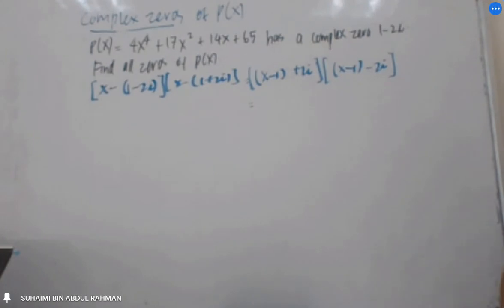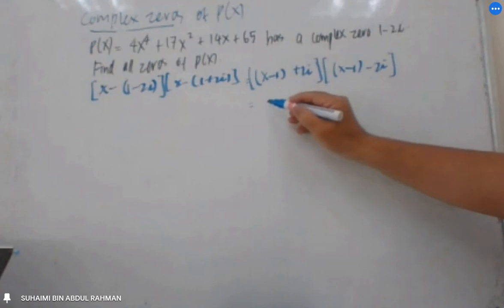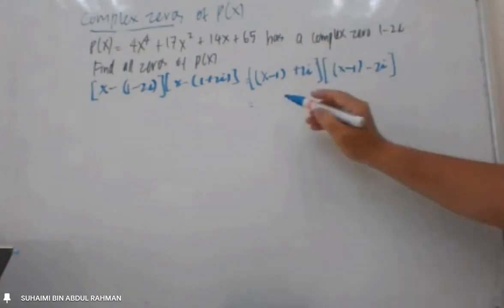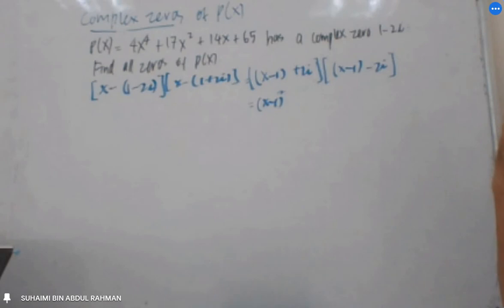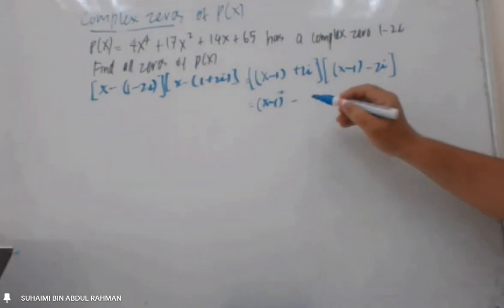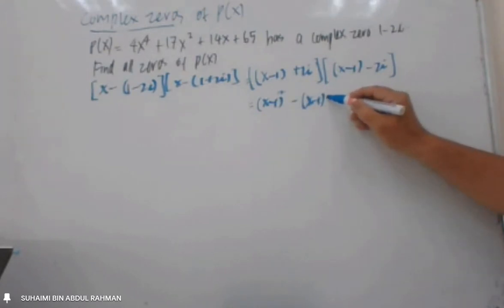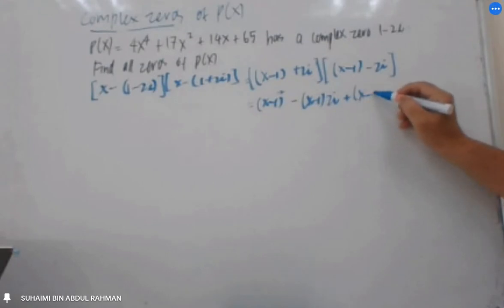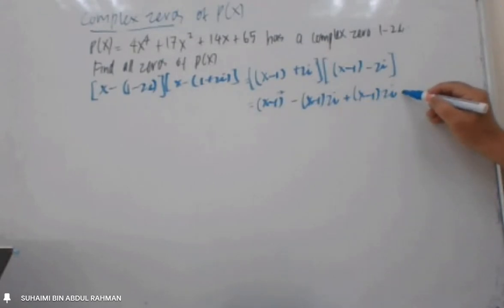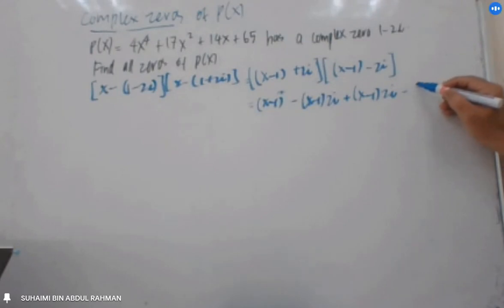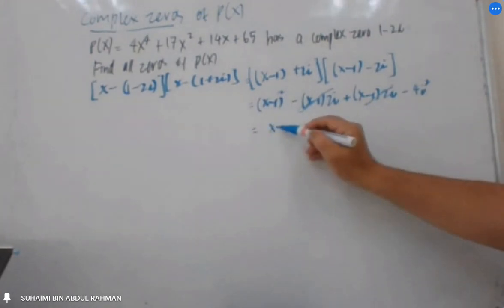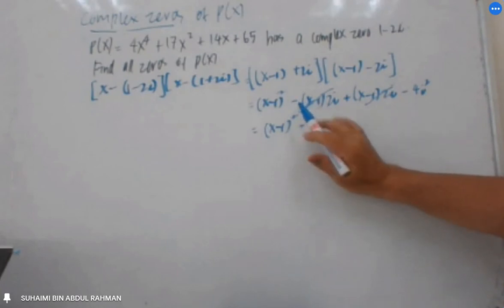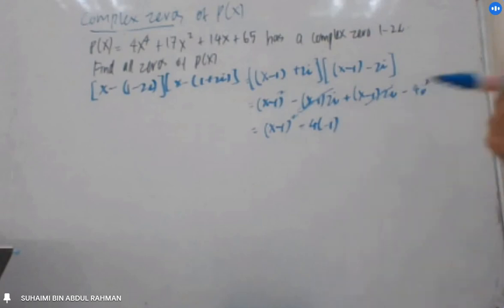Expansion will give us what? (x minus 1) squared, minus (x minus 1)(2i), plus (x minus 1)(2i), minus 4i squared. So this one cancels. (x minus 1) squared minus 4i squared, and i squared is minus 1.